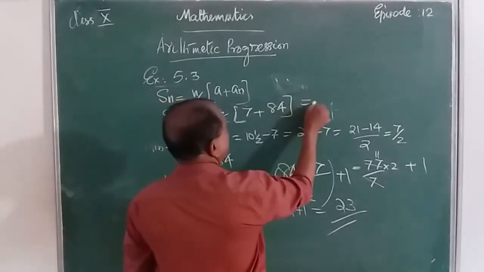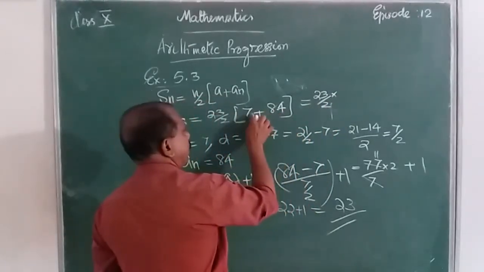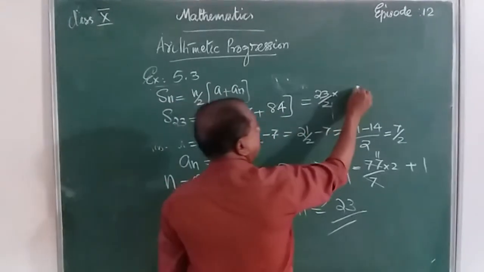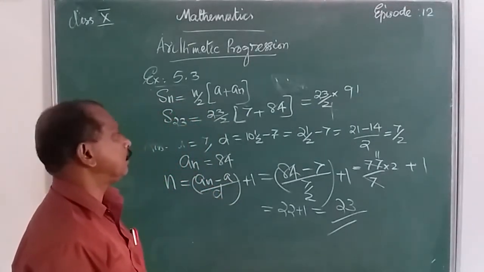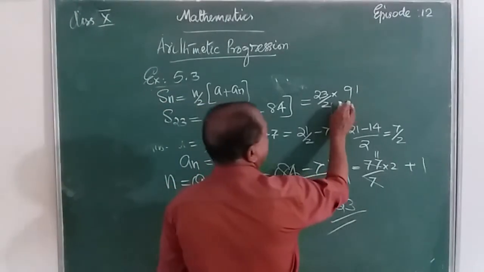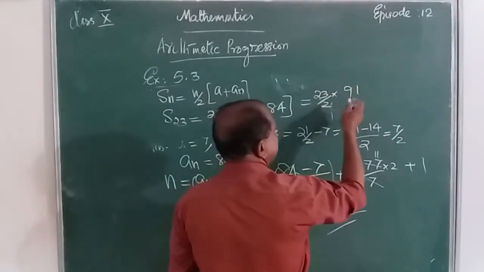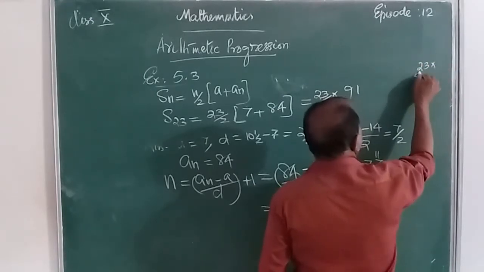That is equal to 23 by 2 into 84 plus 7, that is 91. Then these are odd numbers, therefore we can multiply 23 into 91.